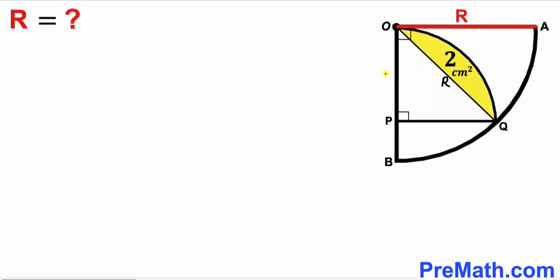So I'm going to label this radius of the smaller quarter circle as lowercase r, and likewise this radius lowercase r as well.